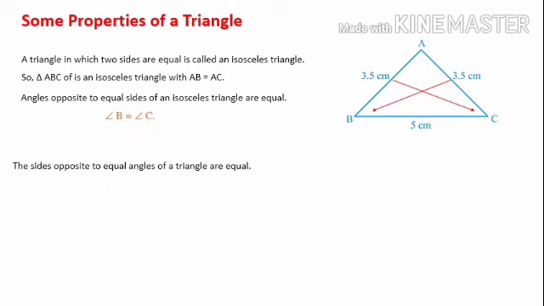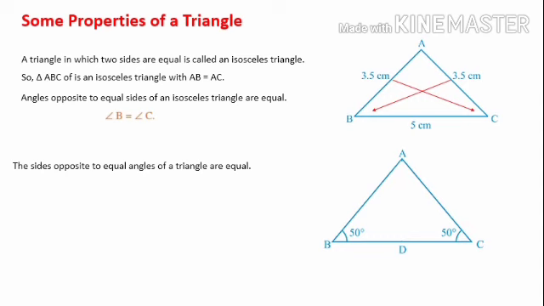The next one is the sides opposite to equal angles of a triangle are equal. The reverse statement of the previous one. Here triangle ABC is given to you and two angles are marked, that is angle B and angle C. Angle B is equal to 50 degree and angle C is also 50 degree.